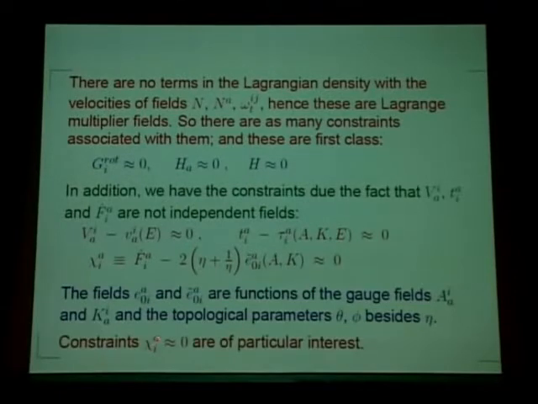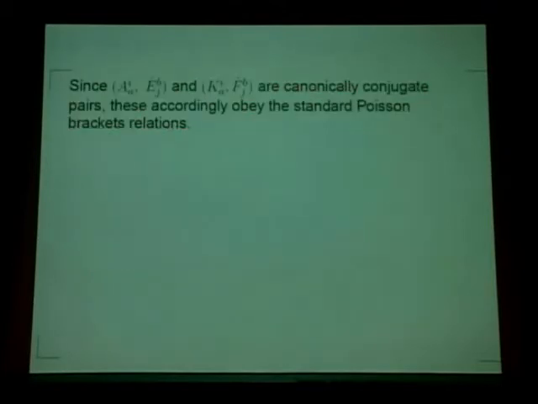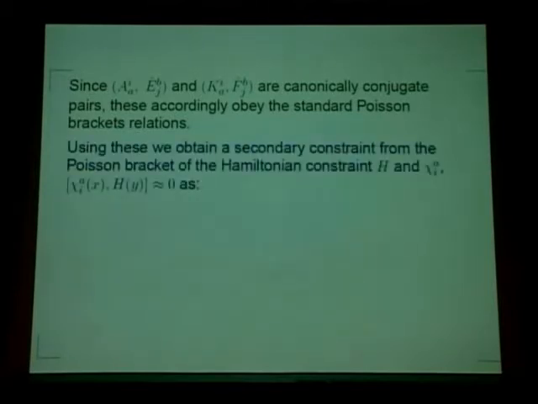The constraints chi^A_i are of particular interest. Since A and E hat, and K and F hat are canonically conjugate pairs, these accordingly obey the standard Poisson bracket relations. Using these, we obtain a secondary constraint by taking the Poisson bracket of the Hamiltonian constraint with this constraint chi^A.